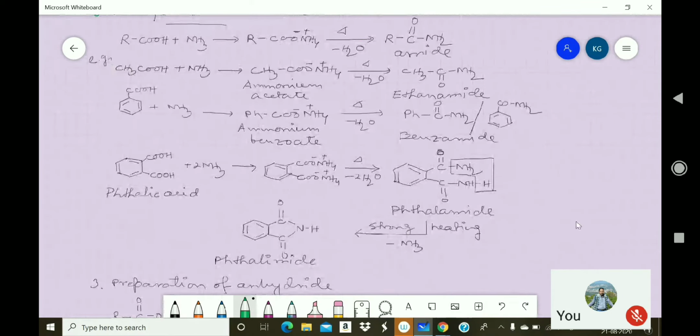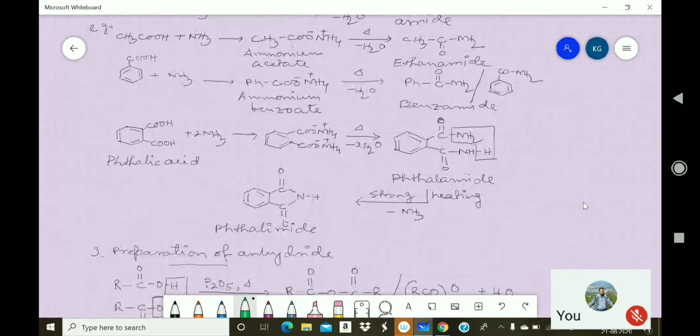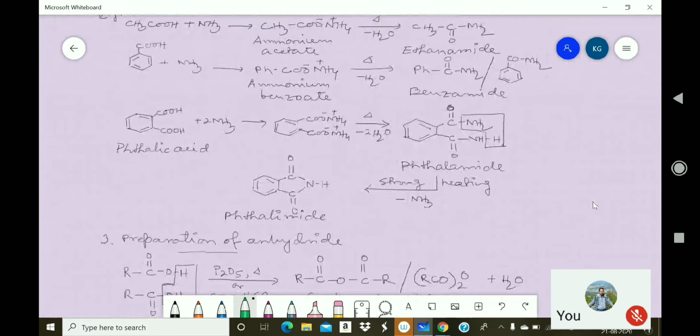And there comes a special compound formation when phthalic acid, that is 1,2-benzenedicarboxylic acid, in which the two ortho positions of the benzene ring have carboxylic acid groups, reacts with ammonia forming this ammonium salt of phthalic acid.